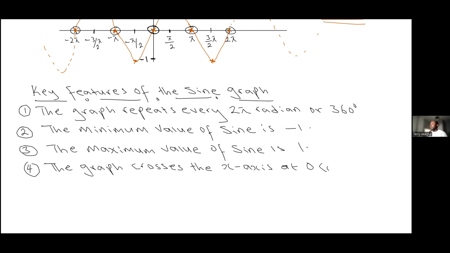So it crosses the x-axis at 0, and every pi radian or 180 degrees before and after that.